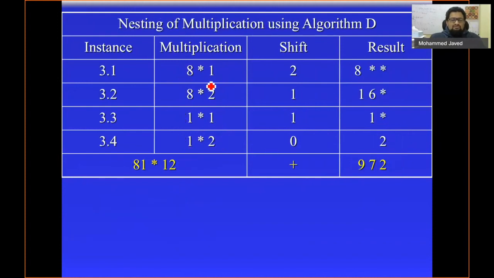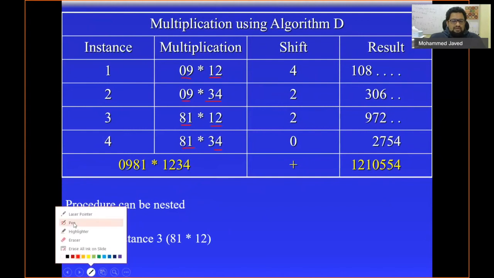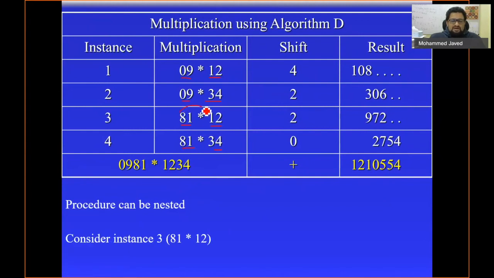You already know that if you want to multiply 8 into 12, this 8 will be multiplied with 1 and with 2, and 1 will be multiplied with 1 and with 2.